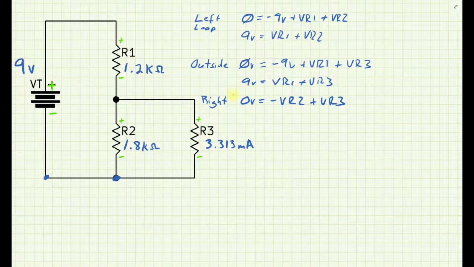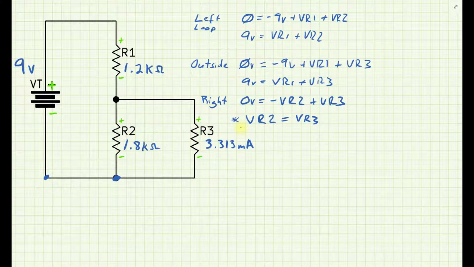Now this one's interesting. I can see that VR2 equals VR3. Some of you, if you're familiar with the rules for parallel circuits, will see that R2 and R3 are in parallel, so whatever that voltage is, it will be the same, and our little equation here confirms that.